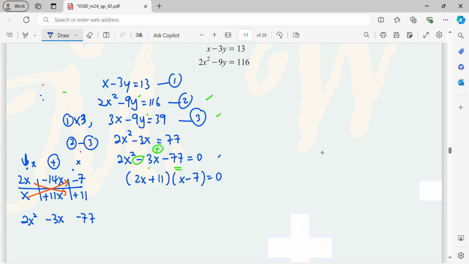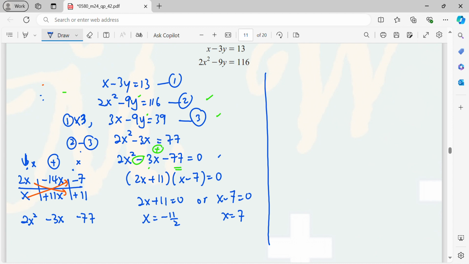So now I will say either the first factor equals to 0, 2x plus 11 equals to 0, or x minus 7 equals to 0. So it means that my x is negative 11 over 2 or x equals to 7. Now once I have found these two x, I need to find my y because you need to solve the simultaneous equations.